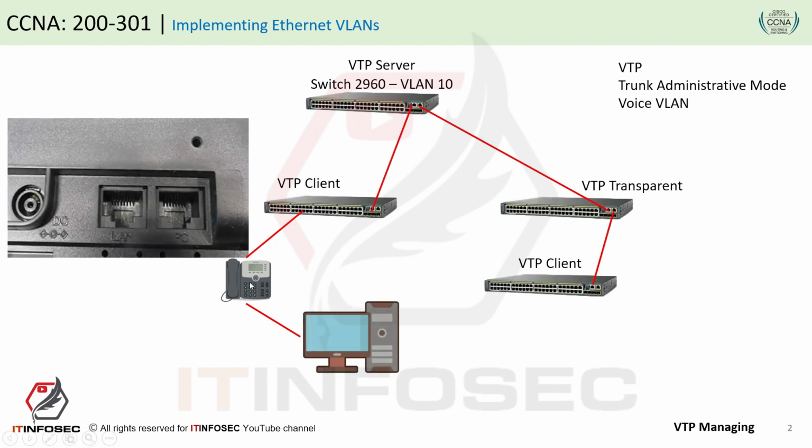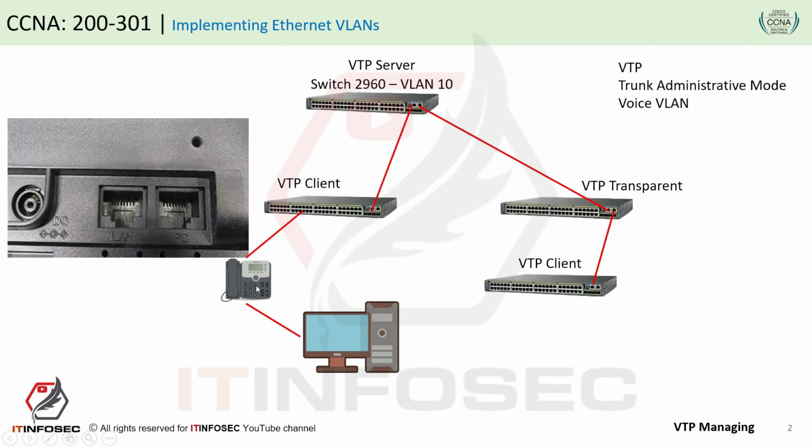On the back of the IP phone, you have two ports. One port, if you look exactly, is LAN, and the other port is for PC. One cable from the switch connects to the IP phone LAN port, and from the second port of the IP phone, known as PC, one cable connects to the computer.